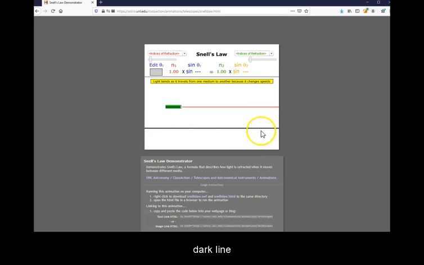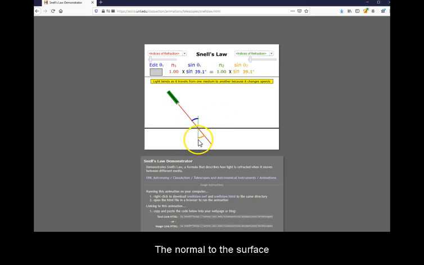The thick, dark line is going to be the interface between two mediums, 1 and 2. You have a laser pointer and a light beam, red in color, that you can drag or rotate. The normal to the surface is automatically drawn in for you, and the angles are calculated for you.